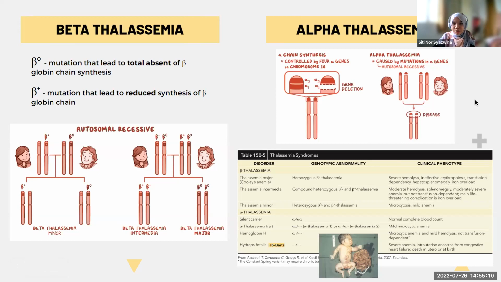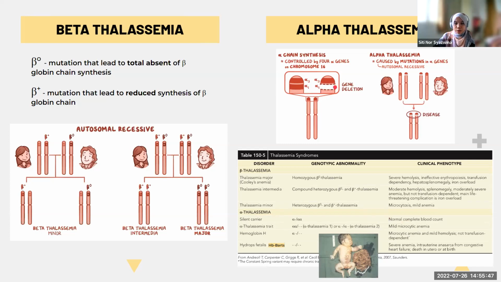As for alpha thalassemia, beta thalassemia is due to point mutation, but alpha thalassemia is caused by gene deletions in the alpha genes. In this chromosome, we have 2 alpha genes in each copy, so altogether we have 4 alpha genes at chromosome 16. When there is one deletion, the patient only manifests as a silent carrier and has a normal complete blood count, like normal people.